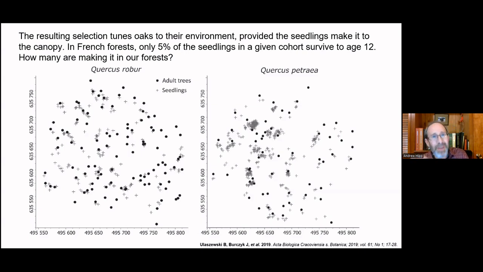Those provide the environments in which natural selection can weed out the less successful seedlings and allow the ones that are doing well to really take off. So that in a given cohort, by age 12, typically only about 5% of the seedlings in a given cohort survive, right? That's an immense amount of natural selection. And that natural selection is improving populations. So they're tuned to their environments. They fit their environments better and better.